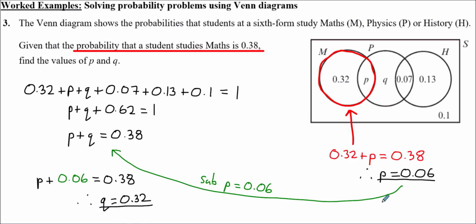Always worth, if you can, double checking your answer. So how can we double check these figures? I'd suggest that we do that by adding them all up and make sure we get to 1.